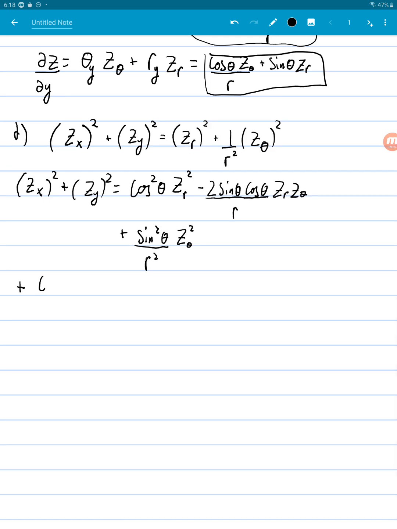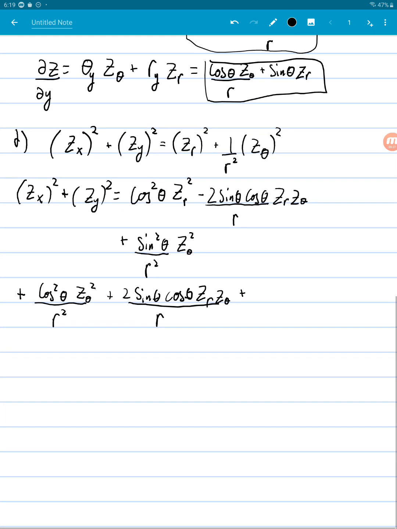This is going to be cos squared theta z theta squared over r squared plus 2 sine theta cos theta zr z theta over r plus sine squared theta zr squared.